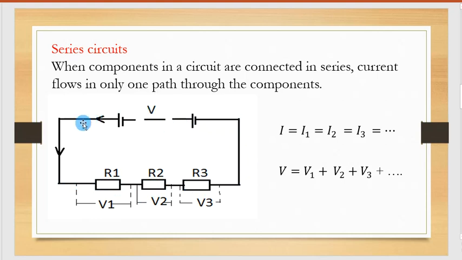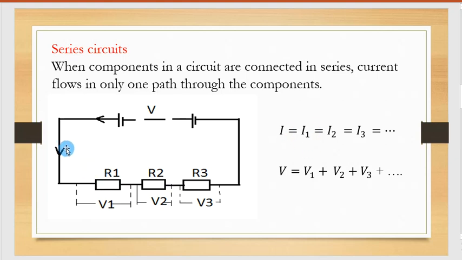So there is only one path through which current passes as it passes through these three components, R1, R2, R3, where these are representing resistors. Since there is only one path for current to pass through, we can therefore say that the value of current from the battery, which is I, is equal to the value of current that is passing through resistor 1, which is I1.